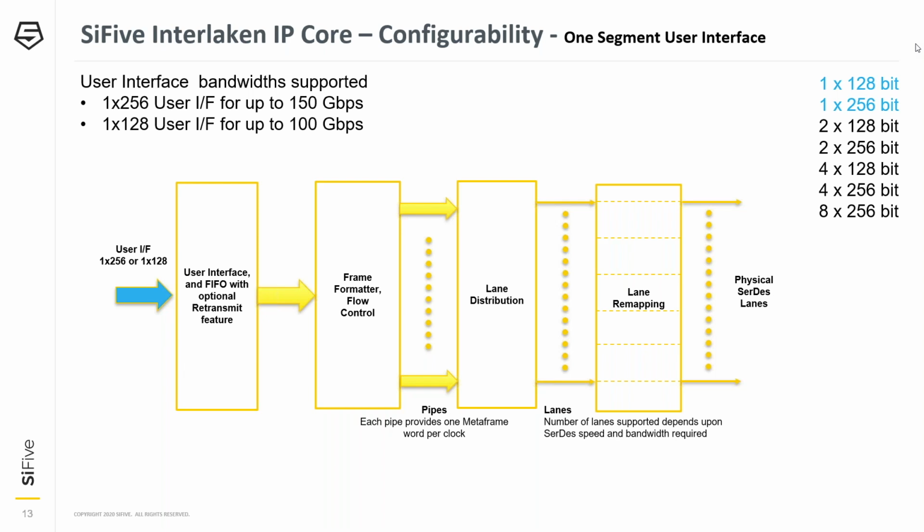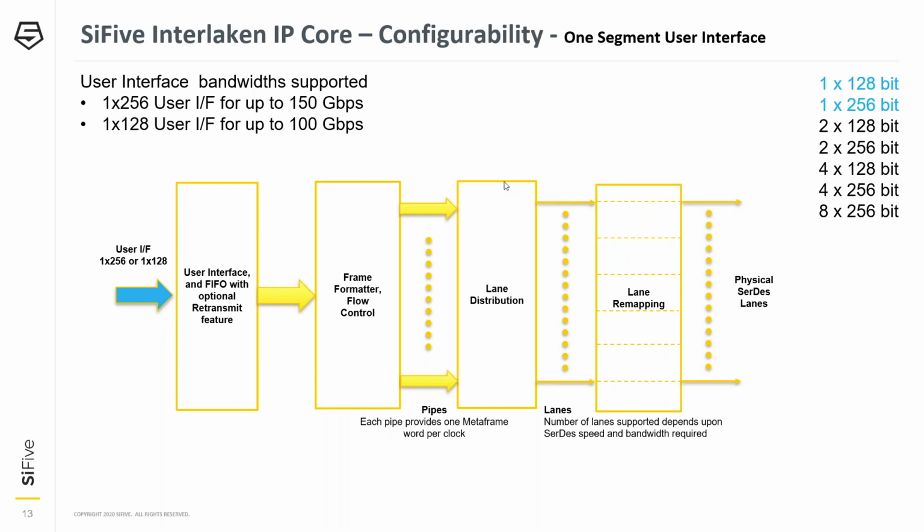Finally, the lane remapping block maps the logical lane data to physical lanes. The Rx path is exactly the reverse function of this and goes through the complementary blocks in the receive direction. Now in this figure, you can see we have a single user segment of either 128 or 256 bits wide. With a 128-bit interface, we can support up to 100G throughput, and with 256, we can support up to 150G throughput.